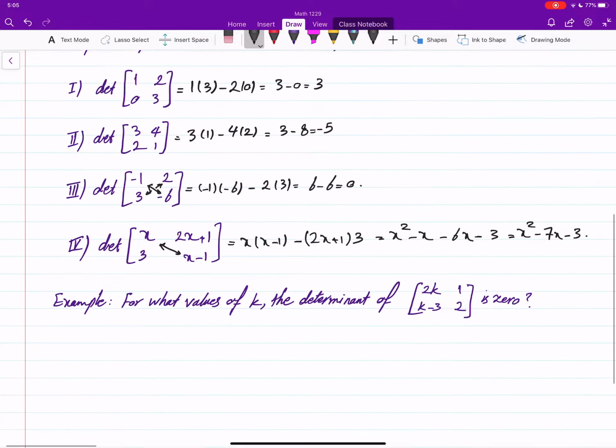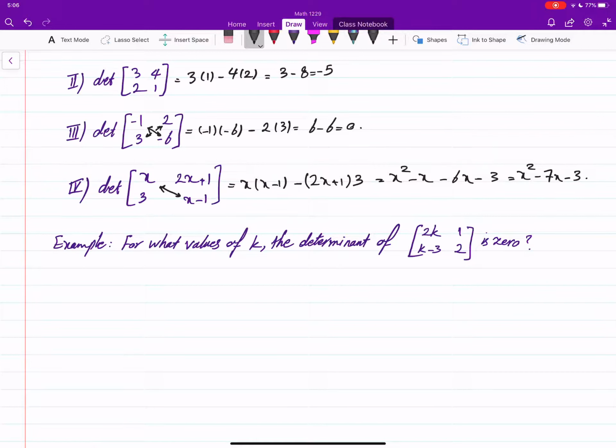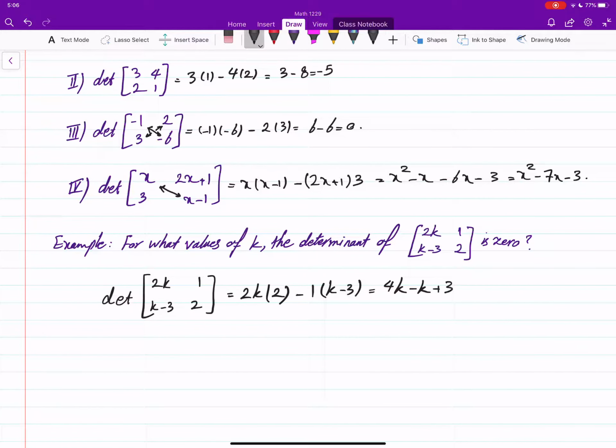And well, let's do another example in which we are trying to find values of k such that the determinant of this 2 by 2 matrix is 0. So let's first find that determinant. This is 2k, 1, k minus 3, 2. Main diagonal entries, so 2k times 2 minus off diagonal entries. So 4k minus k plus 3.